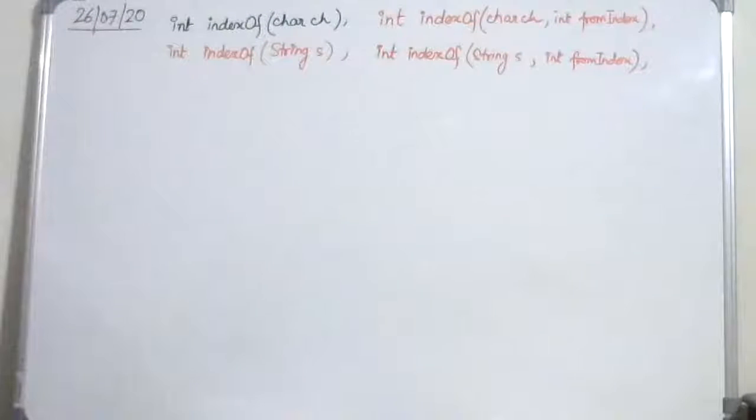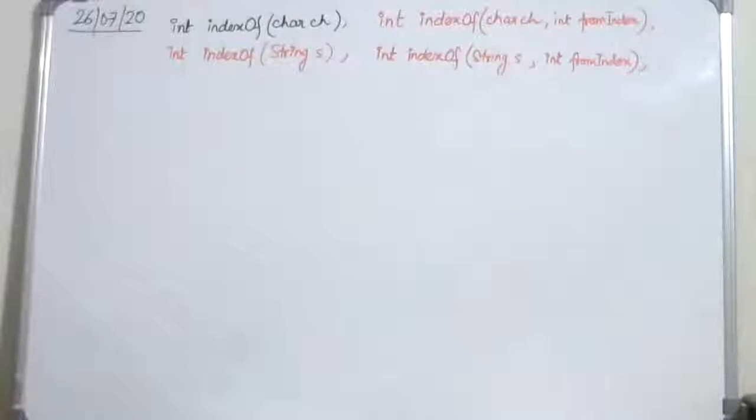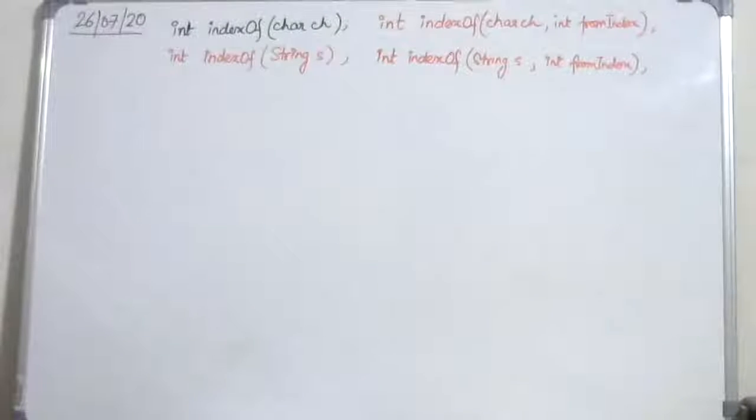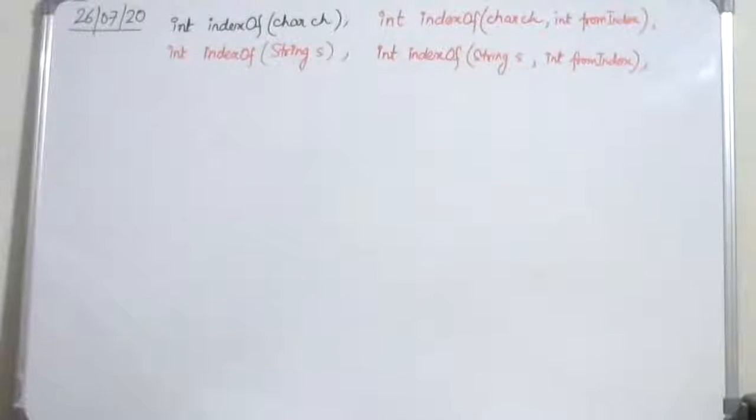These are the 4 variations that you need to know. We will basically be using the one that takes character as an argument.